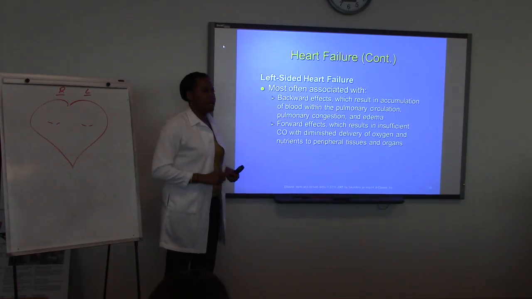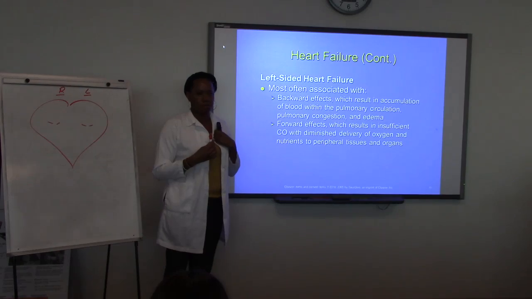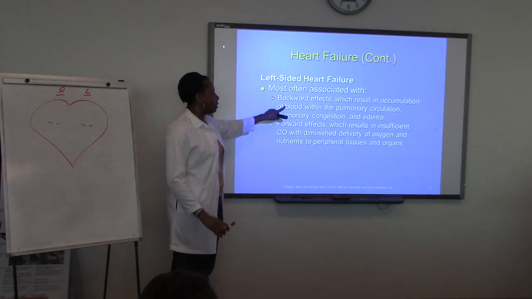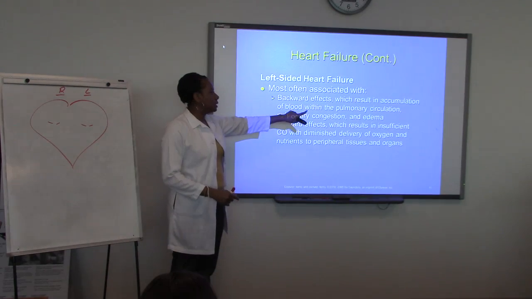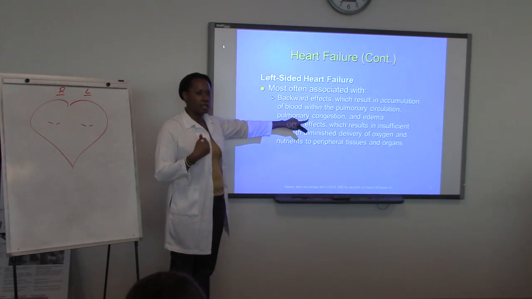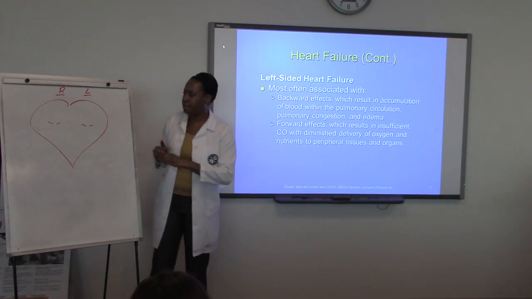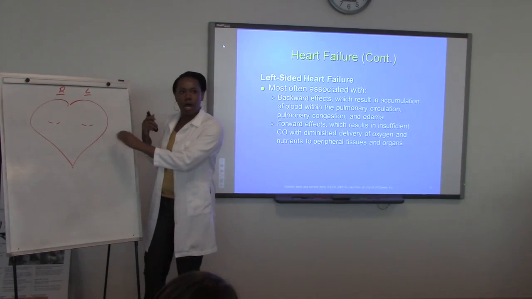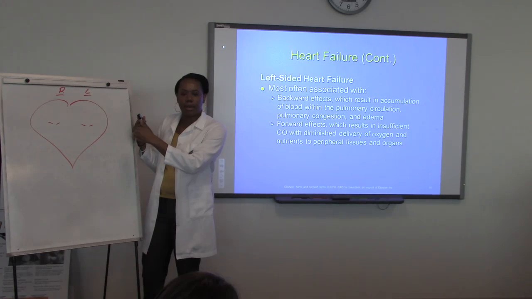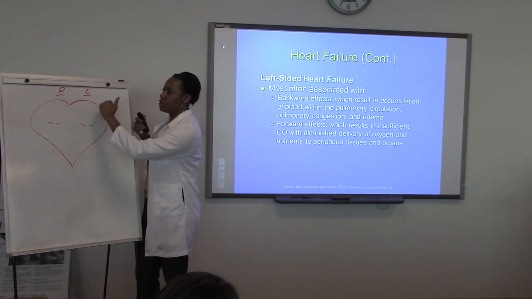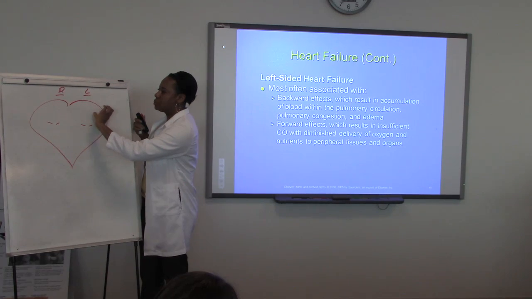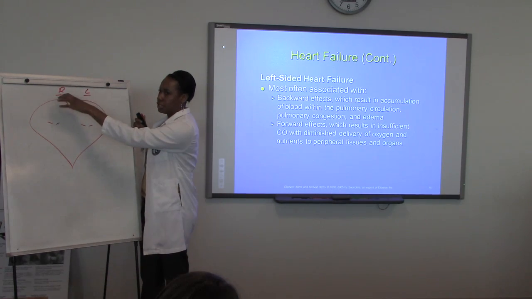So when a person has left-sided heart failure, the left side is failing, and the backward effects will result in an accumulation of blood in the pulmonary circulation. If the left side is failing, the backward issue is where the blood is coming from, which means this will lead into pulmonary congestion.